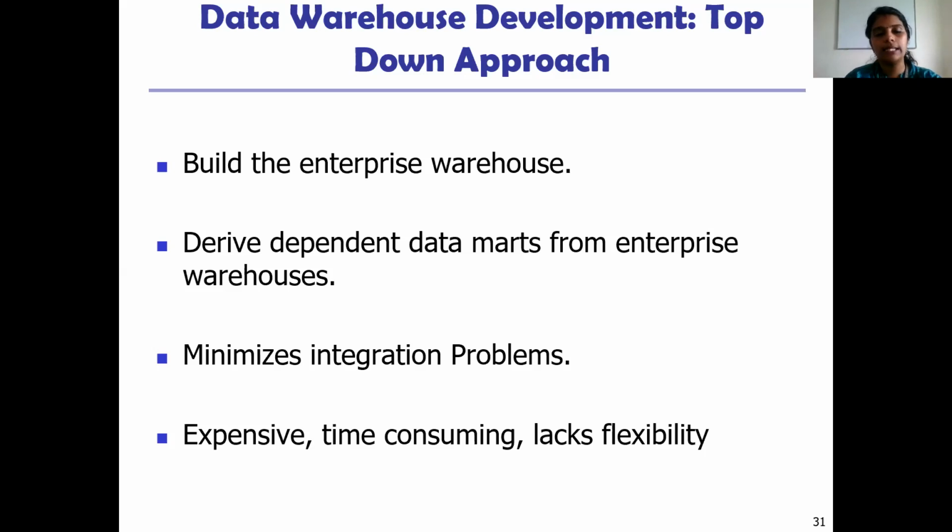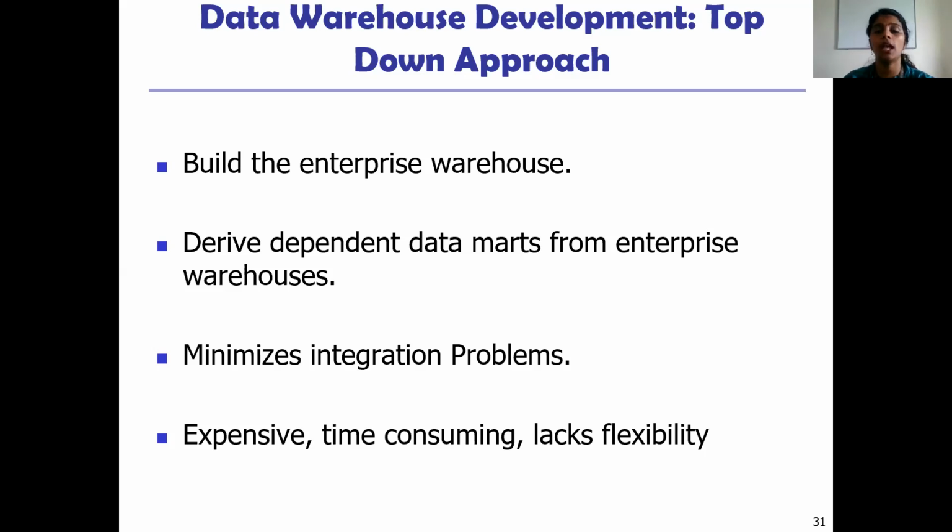Now, what about the disadvantage? This approach is highly expensive, time consuming, and it lacks flexibility. Why is it expensive and time consuming? Because building the big enterprise warehouse is not so easy, right? We have to take care of concurrency issues. We have to take care of naming conventions.